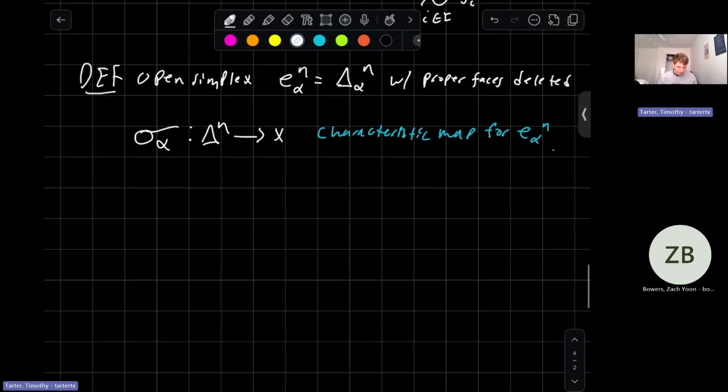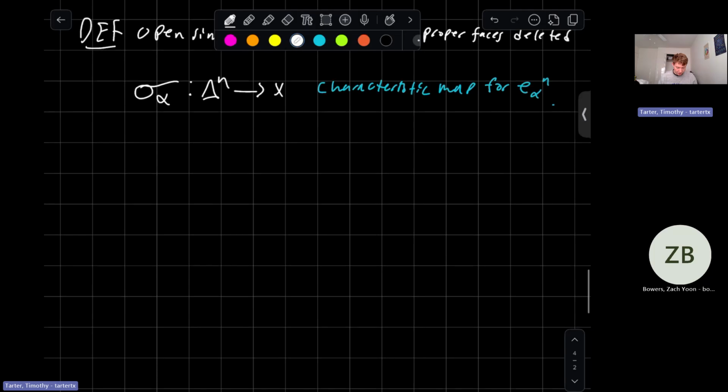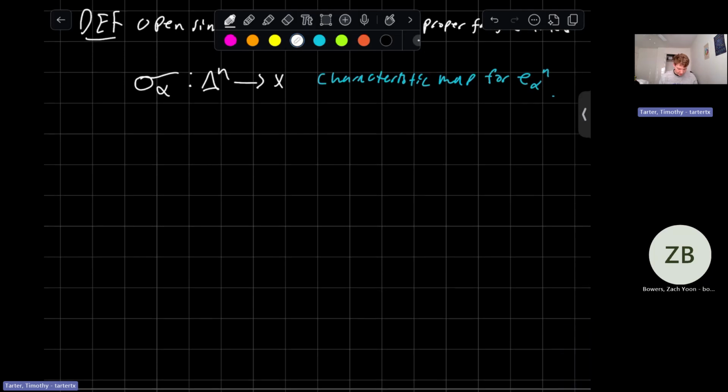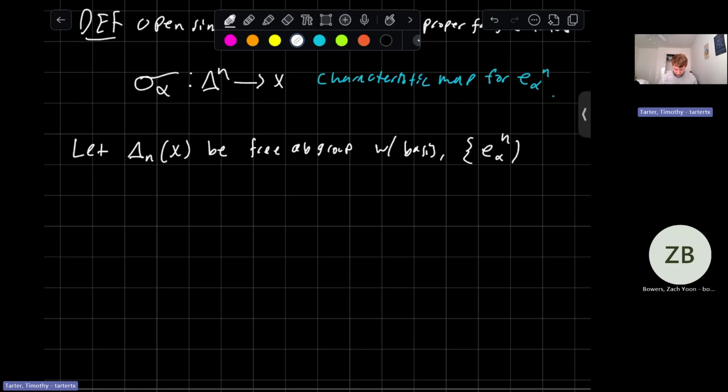Okay. So our goal now is to define these simplicial homology groups of a delta complex X. So let delta n of X be the free abelian group with basis E alpha n of X. Elements of delta n are n chains.